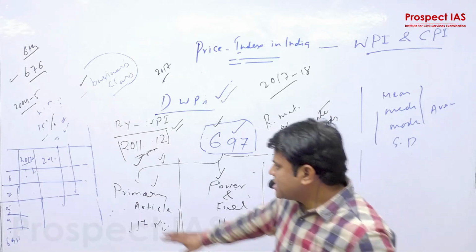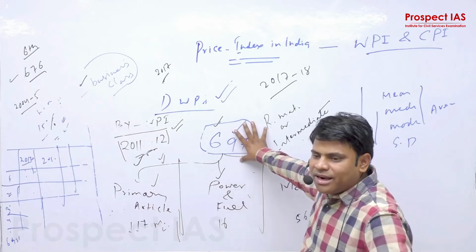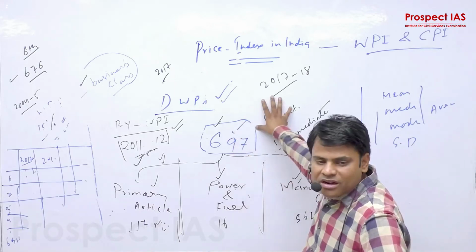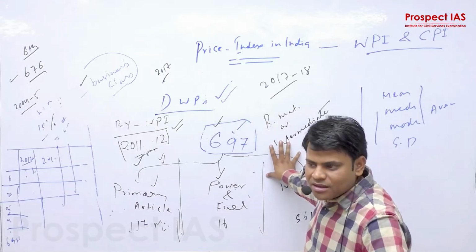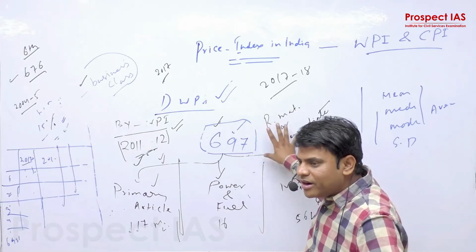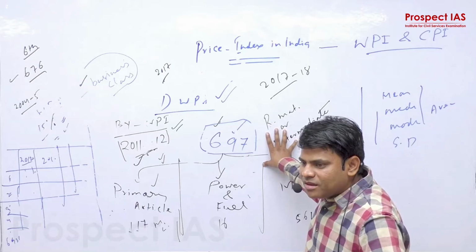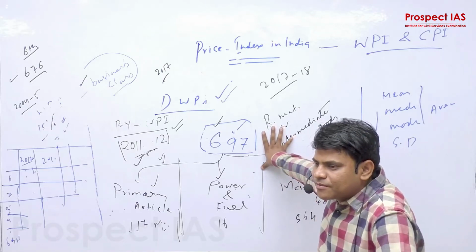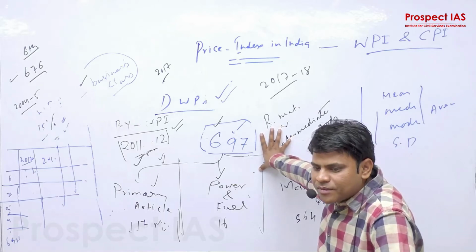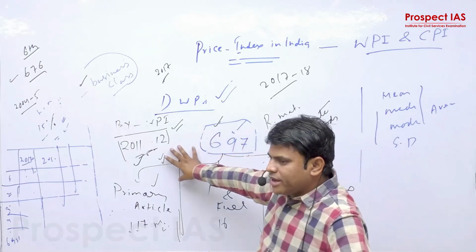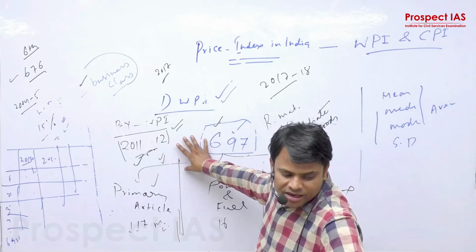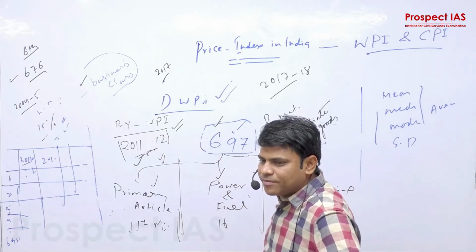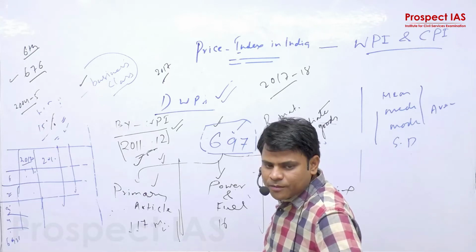In this wholesale price index, we have only these 697 commodities, and all of them are either raw material or intermediate goods. है ना. ये आपके फाइनल प्रोडक्ट नहीं है, रॉ मटेरियल है, ये इंटरमीडिएट गुड्स है. ठीक है. सो WPI इन्फ्लेशन जो है आपको ये बताता है कि रॉ मटेरियल कितनी महंगी हुई है, उसका कितना इन्फ्लेशन है. आगे समझ में आप लोग को.